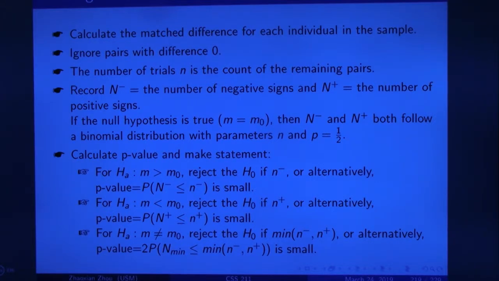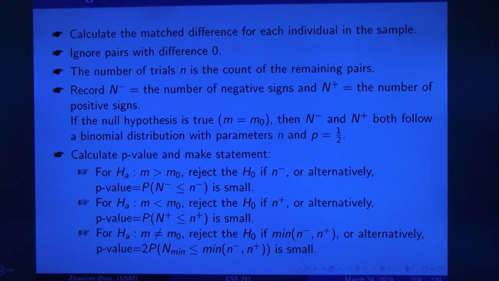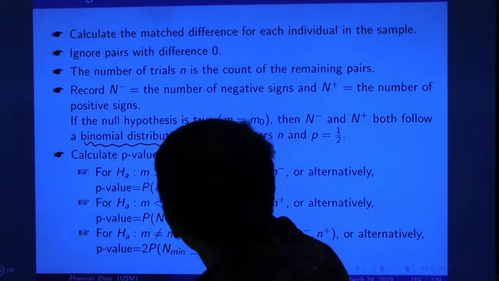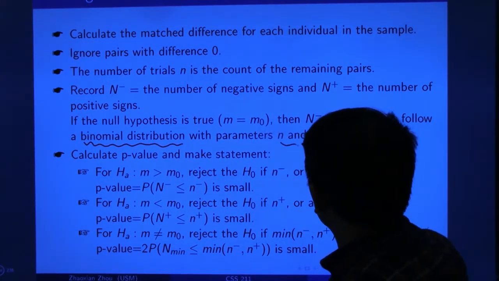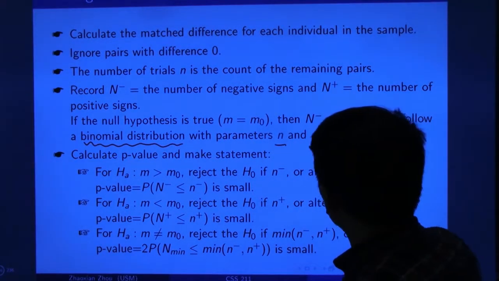If H0 is true, that means M equals M0, then both N minus and N plus will follow a binomial distribution with parameters N and P equals half.